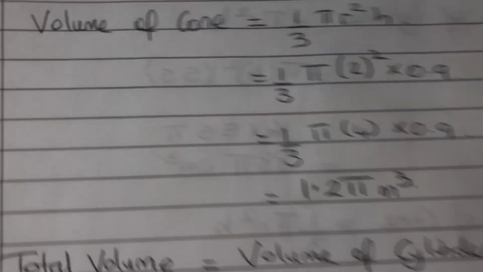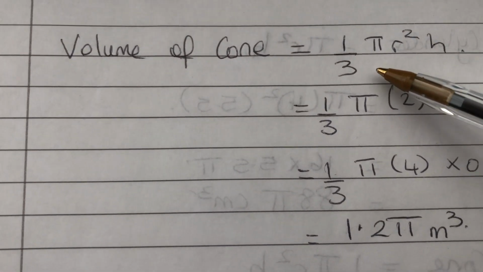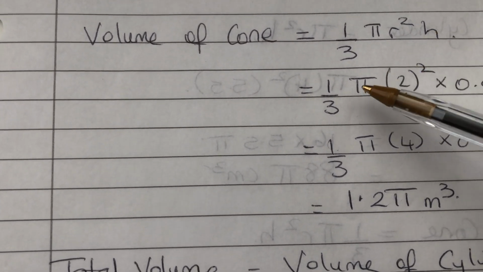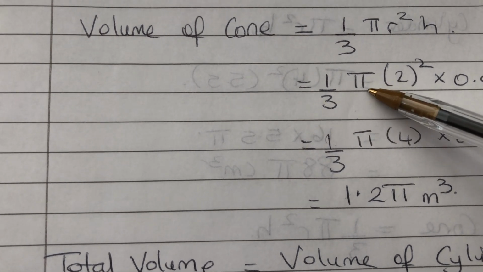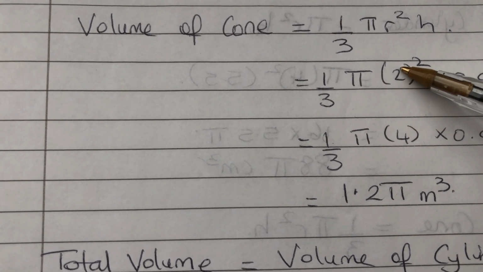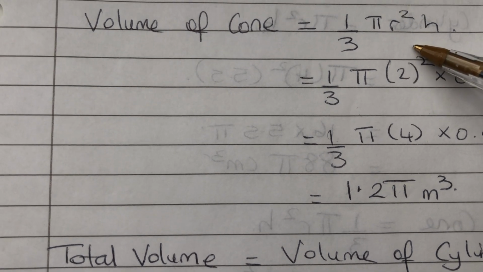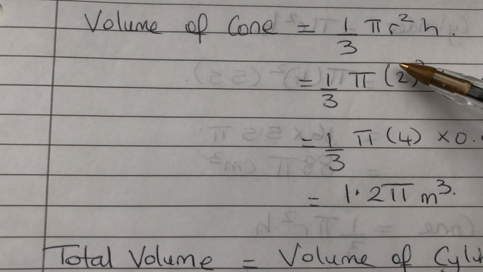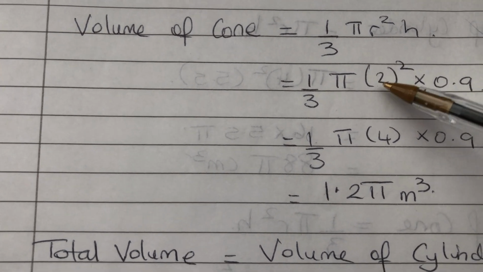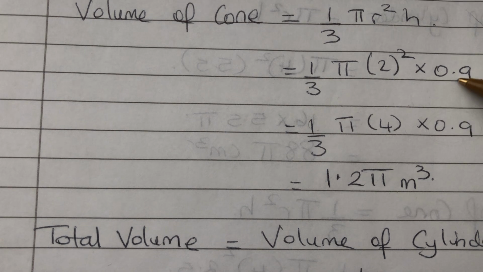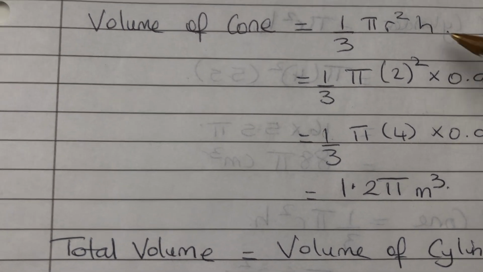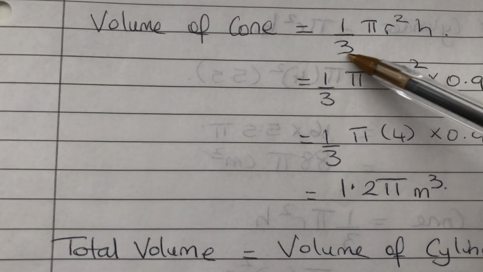Now with the cone, the volume of the cone is 1/3 pi r squared h. So 1/3 pi, the radius for both cone and cylinder will be 2 because we've been given the diameter. So 2 squared, and then h. H is the height of the cone, because you are looking for the volume of the cone.